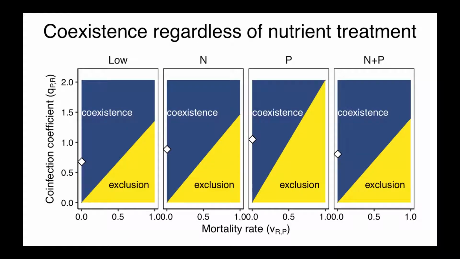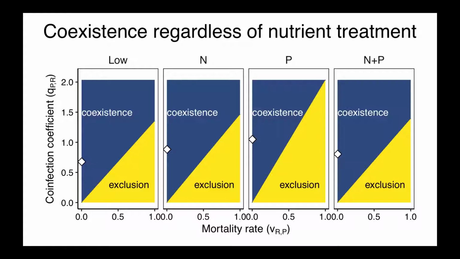And so we looked at these conditions under our 4 different nutrient treatments, and I have potential mortality rates on the x-axis, and then I have that coefficient depicting how hard it is to get out of a co-infected plant. And the white diamonds represent the data that we collected in our experiment. So we've got really low transmission rates and then kind of medium amounts of suppression during transmission.